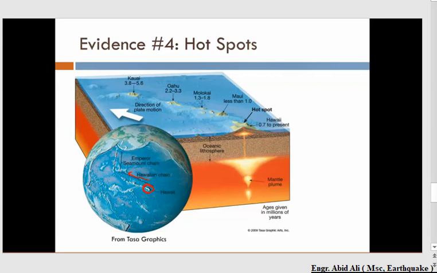If you follow this, it doesn't take a scientist to see that this chain of mountains makes a line and that it stops at Hawaii.